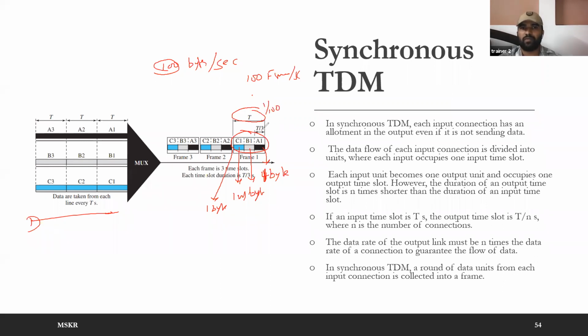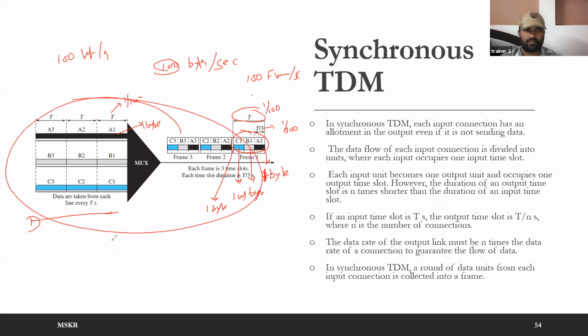So T equal to 1 by 100, T by 3 equal to 1 by 300. The size of each A1 is 1 byte. So you are going to send 100 bytes per second. So this is how you are going to draw the diagram.